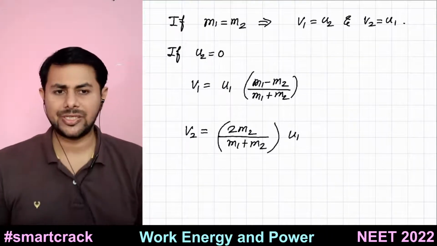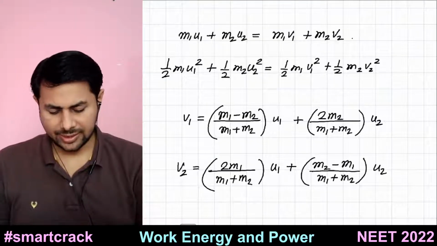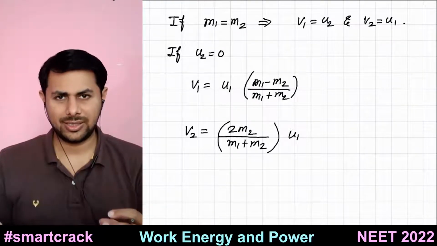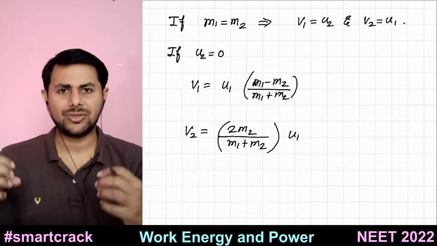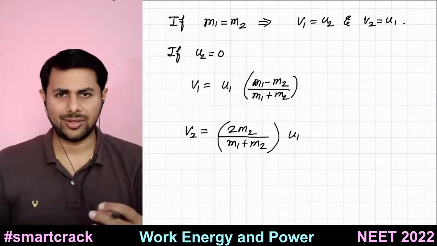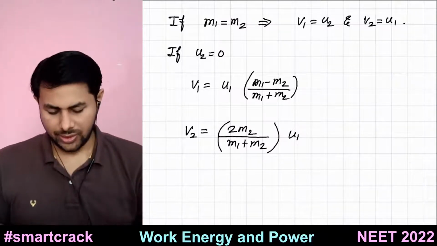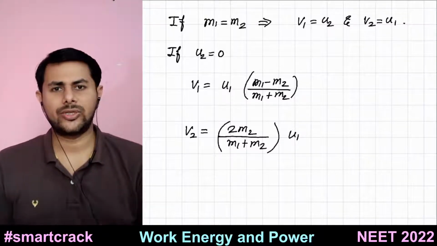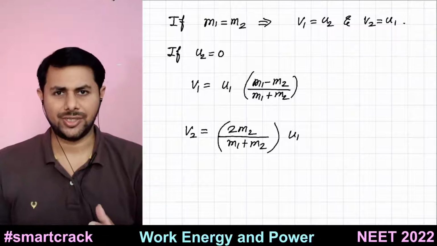Now there are some special cases. If m1 is equal to m2 in case of elastic collision, that is, if the masses of the two colliding bodies are equal, then the velocities of those two bodies just get exchanged.